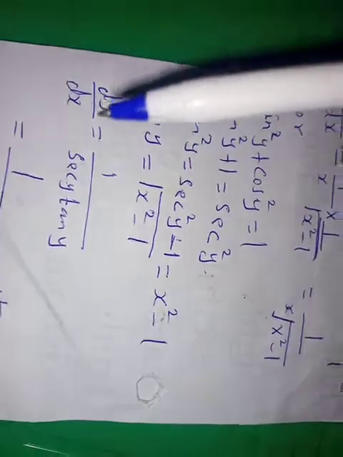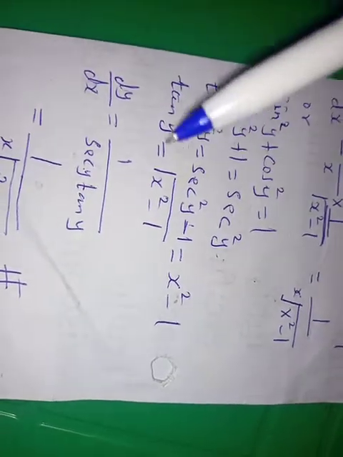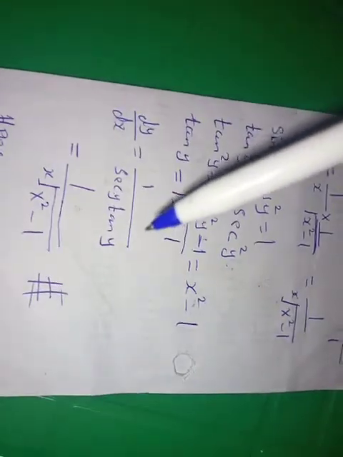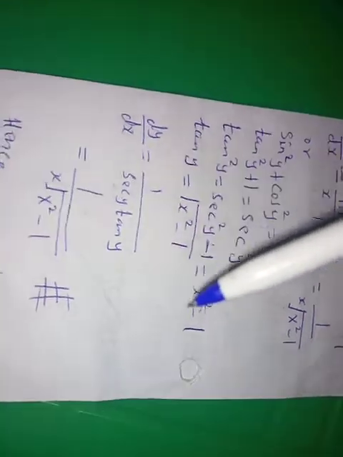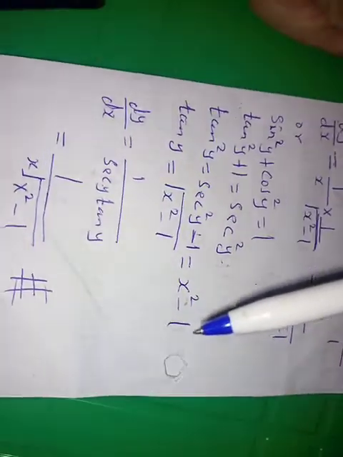Then we substitute the value of sec y. Sec y is x, from here. So you substitute sec y here with x. Then tan y, we have found it here to be the square root of x squared minus 1.